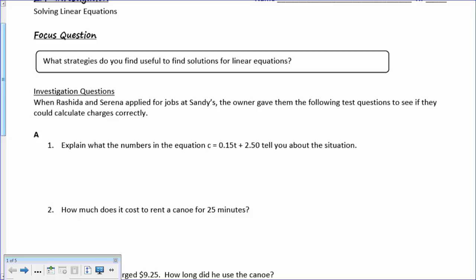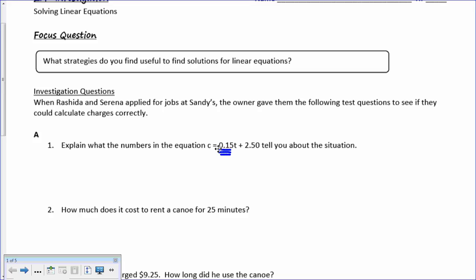Okay, so now that you've read through page 40, when Rashida and Serena applied for jobs at Sandy's, the owner gave them the following test questions to see if they could calculate charges correctly. So she wanted to explain what the numbers in the equation C = 0.15t + 2.50 mean. Well, 0.15t deals with a variable that gives us cost, and t is being multiplied by 0.15, and t is in minutes.